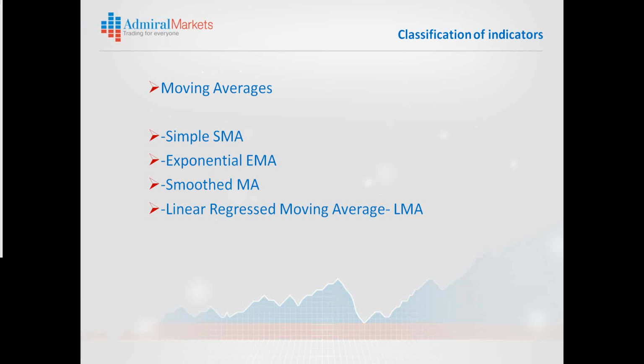It signals a possible entry, a possible reversal. So it can be used as a turning point and also as an entry point. It's very interesting. I will show you the strategy later.